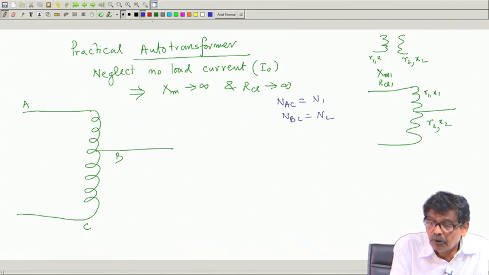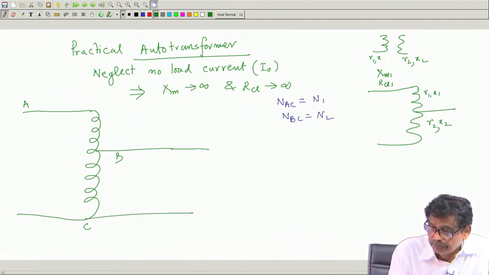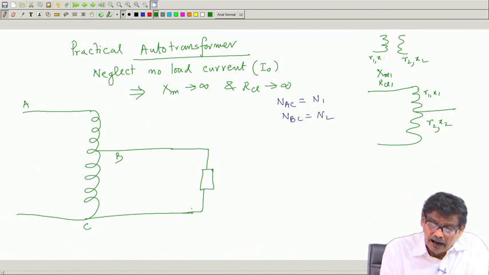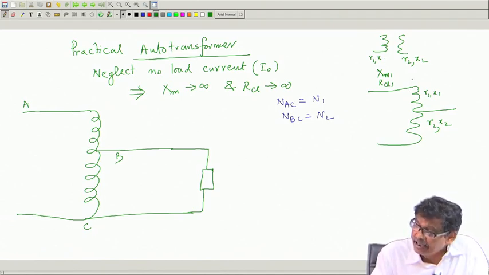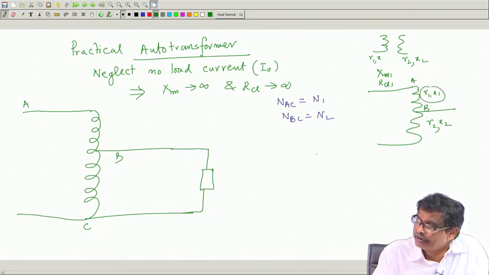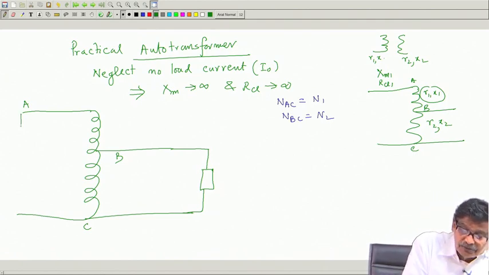And these two are my output where I will connect load. Now, I am saying that this portion A B has a resistance R 1 and X 1 and this portion B C is having a resistance R 2 and leakage reactance X 2. And here I am applying a voltage V 1.